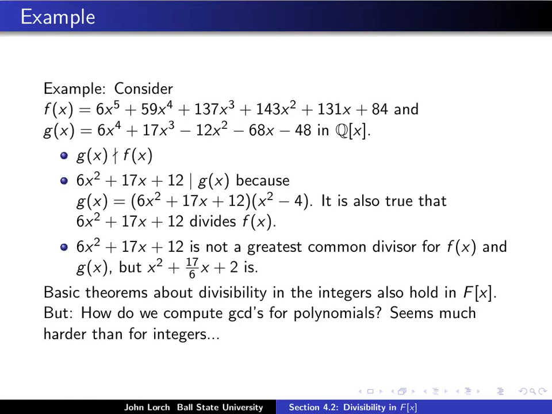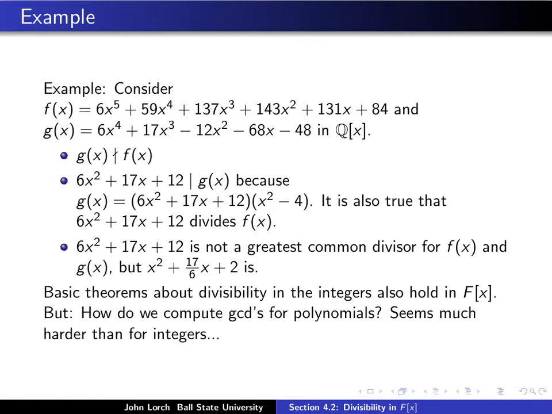However, the polynomial 6x squared plus 17x plus 12 does divide evenly into g of x in this polynomial ring, because we can write g as 6x squared plus 17x plus 12 times x squared minus 4. It's also true that this same polynomial, 6x squared plus 17x plus 12, divides evenly into f of x.